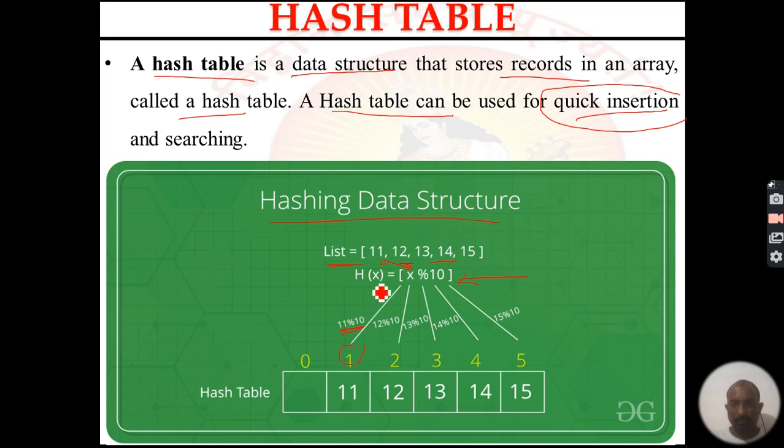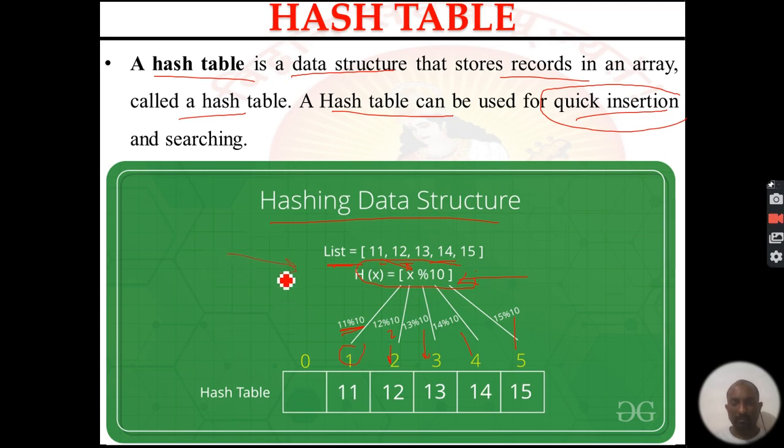So that 11 value is stored at index 1. Now 12 mod 10, the answer is 2, so 12 is stored at index 2. 13 goes to 3, 14 to 4, 15 to 5. Like this, by evaluating that particular hash function, the elements are stored at specific indexes.